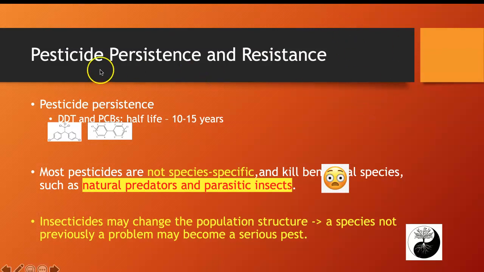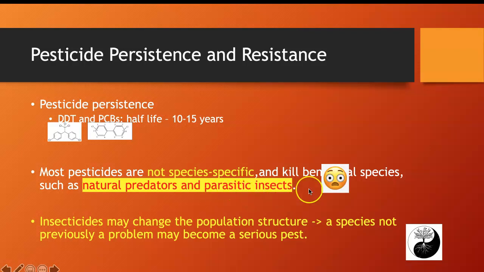So the problems with pesticides are the persistence problem and the resistance problem. We are breeding superbugs and super weeds by spraying tons of those chemicals again and again on the plants and the animals. And most pesticides are not species specific.